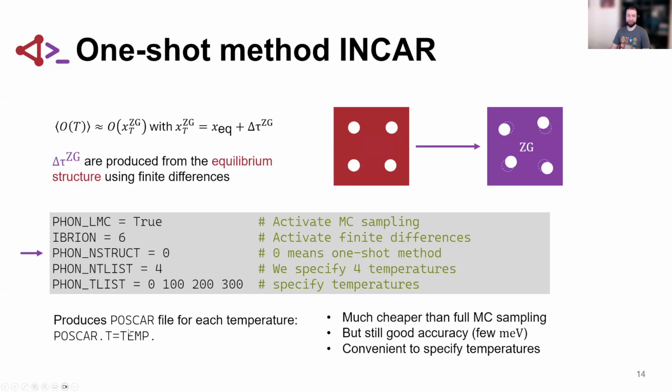And the upshot of this entire process, of this one-shot method, is that it is usually much cheaper than doing a full Monte Carlo sampling, while still retaining really good accuracy. So usually the error is within a few milli-electron volts. And also it's convenient to specify temperatures like this. You don't have to deal with multiple directories. There's no need to do any additional averaging here. So if you can, this is usually a good idea.